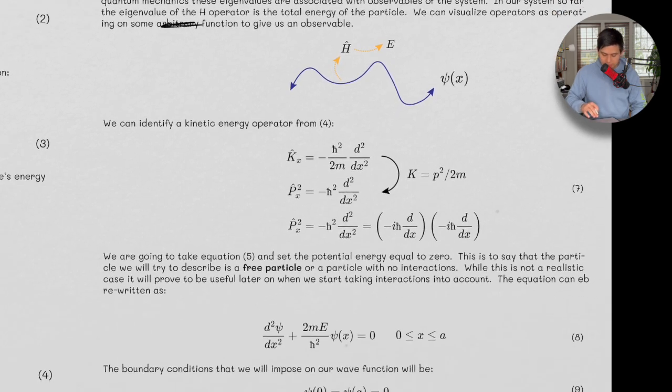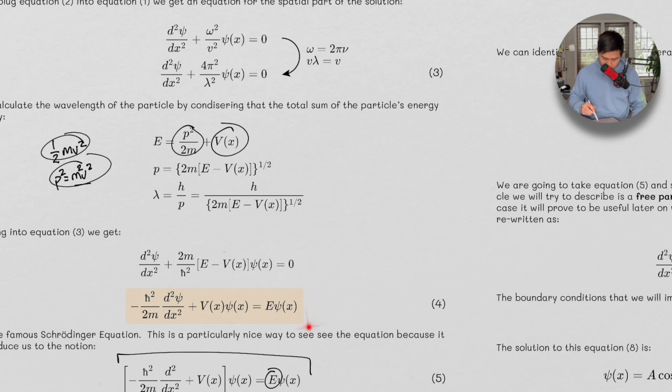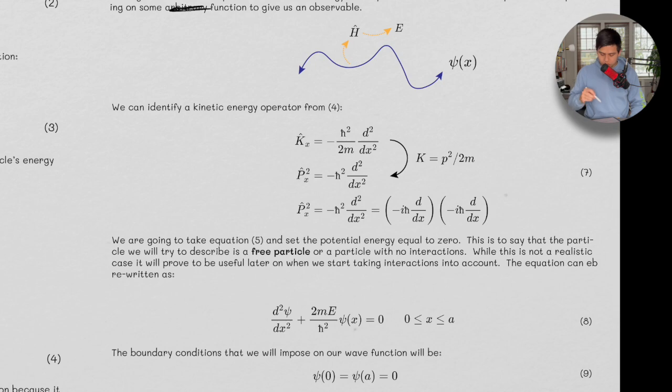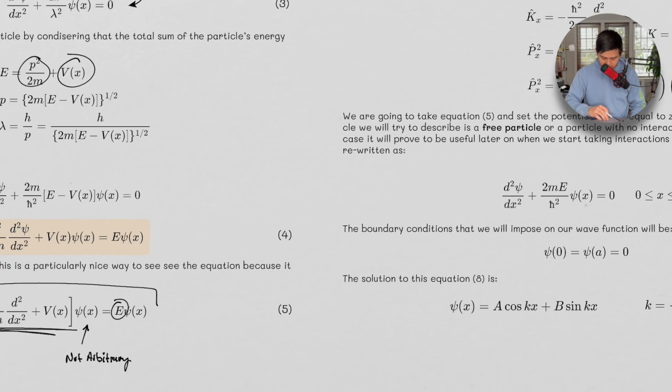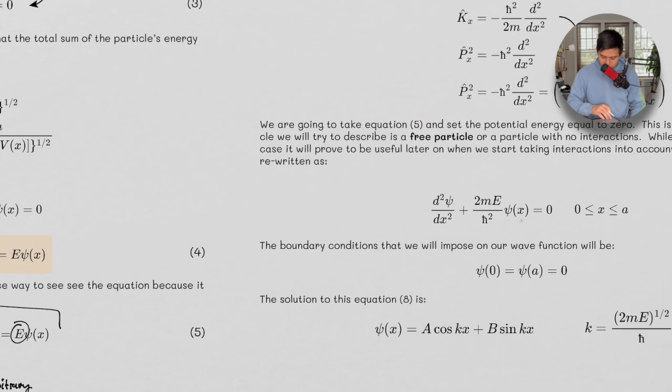So we can identify a kinetic energy operator then from equation 4, right? So this is our Schrödinger equation again. We have our kinetic energy operator is this thing, right? So that's this bit right here. It's our kinetic energy part, and this is our potential energy part.